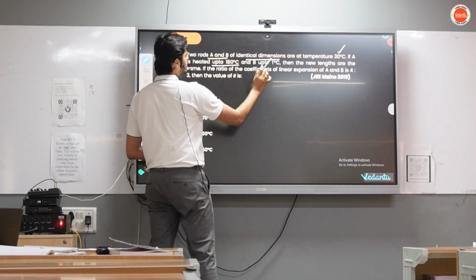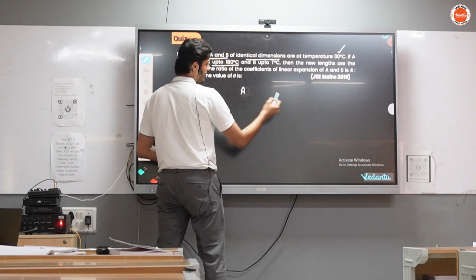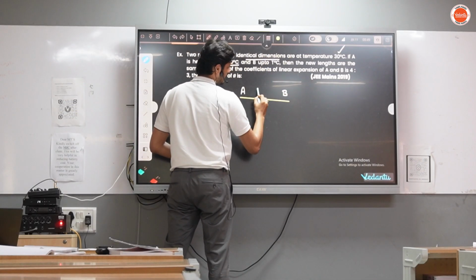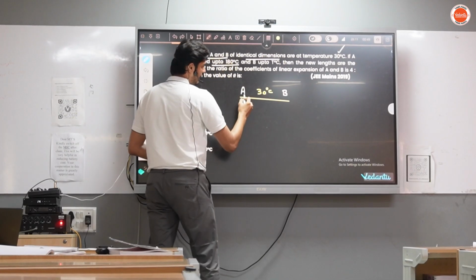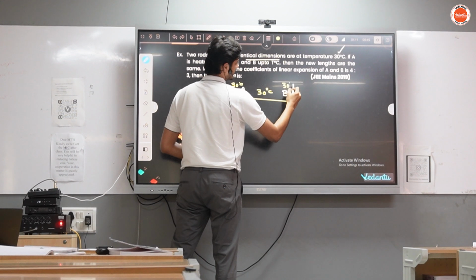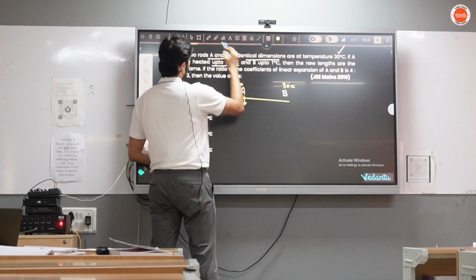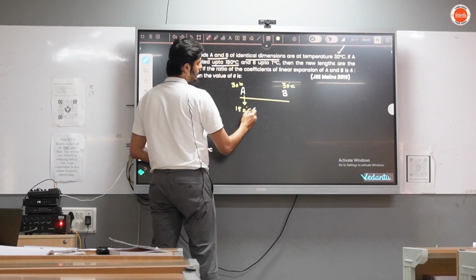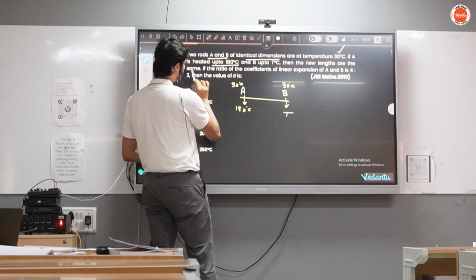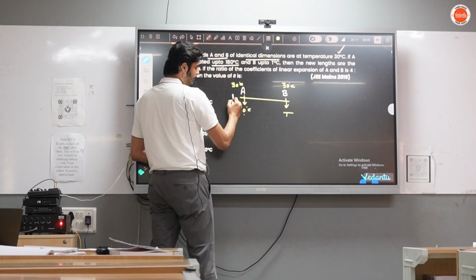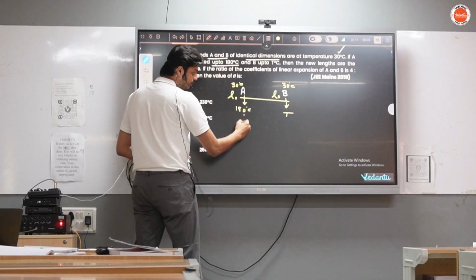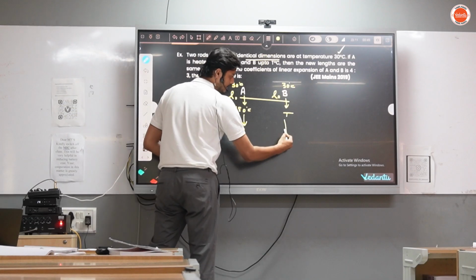A is heated up to 180, and B is heated up to T. Then the new lengths are the same. The original length L0 is the same since the dimensions are the same, and the new length L dash is also the same.